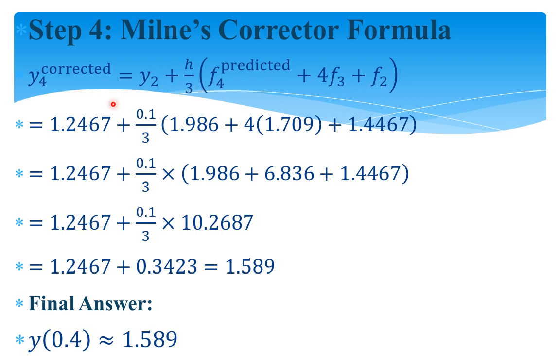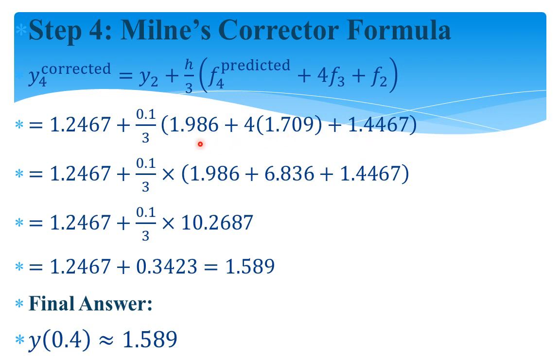Now put in all values: the value of y2, the plus sign, the value of h 0.1 and 3. f4 which we got in the previous slide is 1.986, plus 4, then f3 which we got in the previous slide, and plus f2.